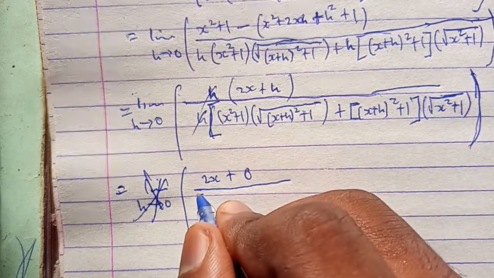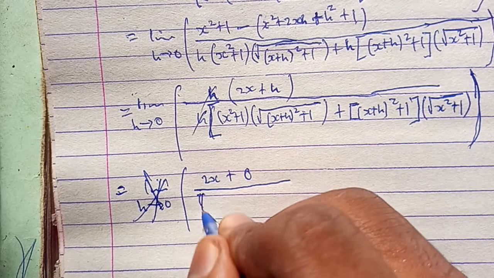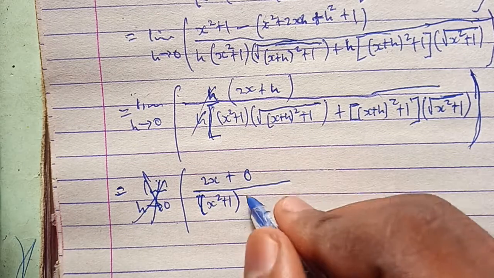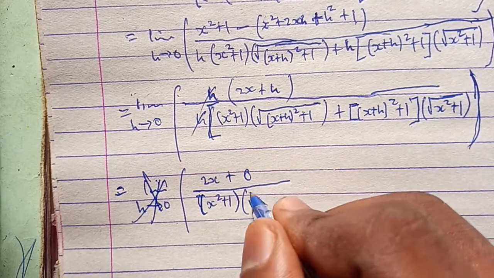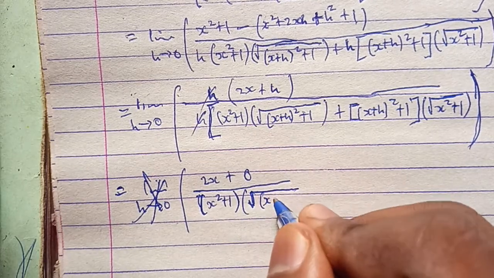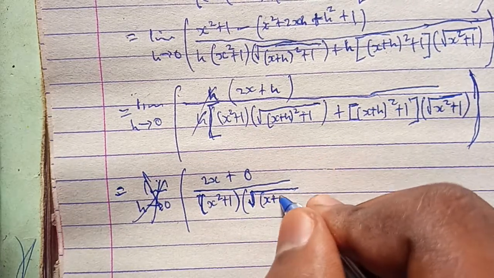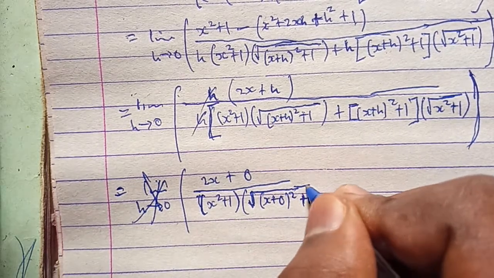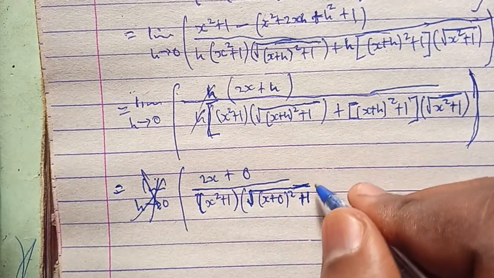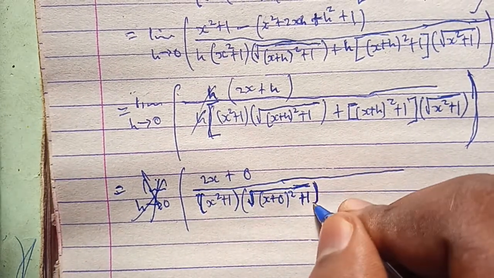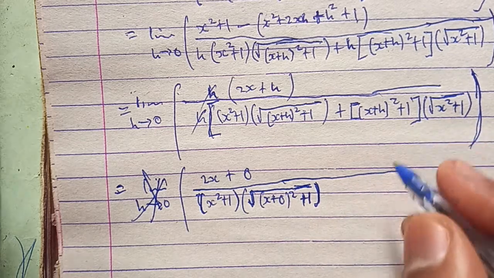Then we have bracket open, x squared plus 1 multiplying by another expression, square root of, bracket open, (x plus 0) squared plus 1. These are under the root, and then that's bracket close twice.